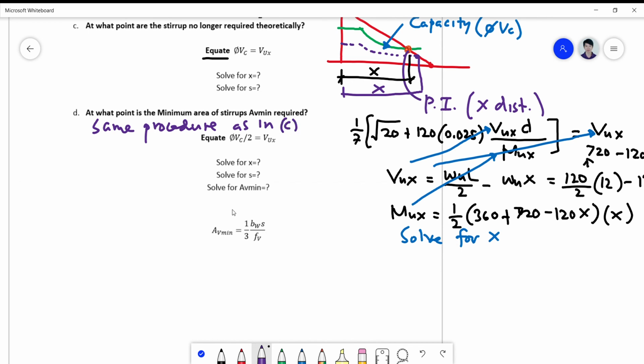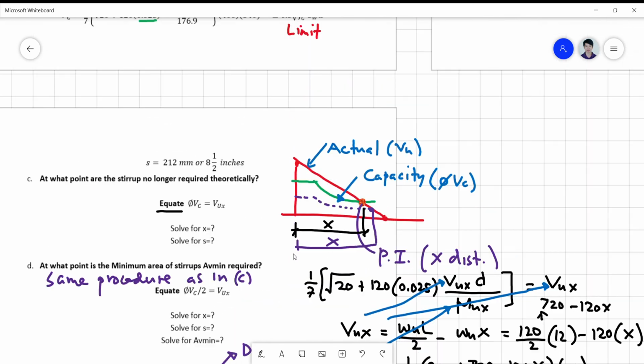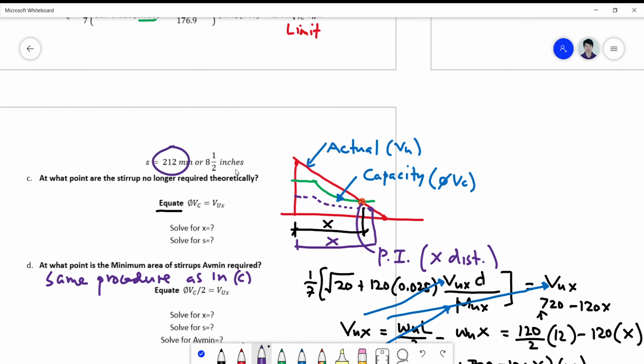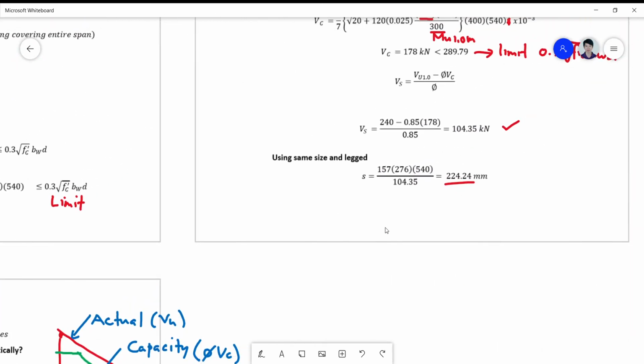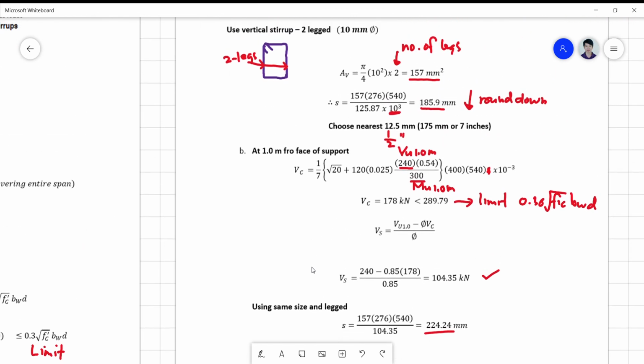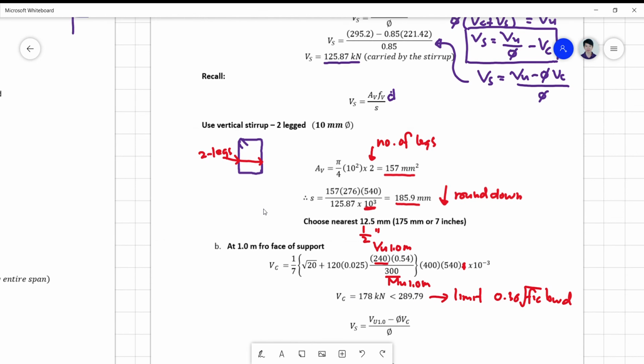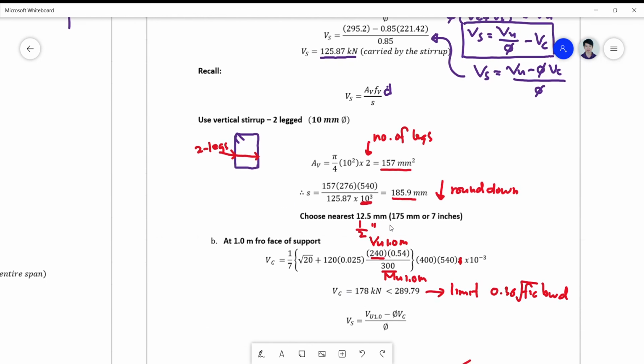Okay, for the AV minimum, you just use the formula here, which is 1/3 BWS over FY, where S values are the design spacing. Okay, so what are the design spacing? These are the spacing we use here. Okay, so this is the spacing I'm referring to, 212, and we have to check also the other spacing, which is 175.